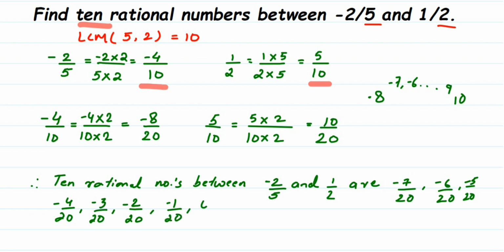We have 0 by 20, or you can just write 0, both are the same. And we want 2 more, so I'll take 2 positive ones, like 1 by 20, and you can go up to 9. You can take any number. I'll take 5 by 20. You can take 2 by 20, anything. I've just taken 1 by 20 and 5 by 20. You can just pick any 10 rational numbers between them, and that's it.